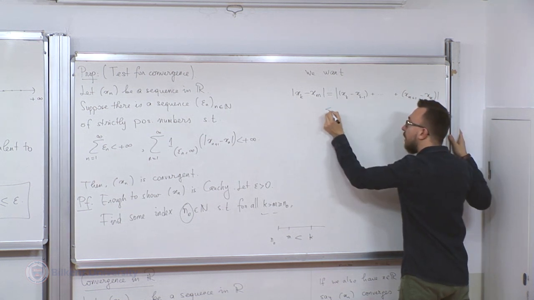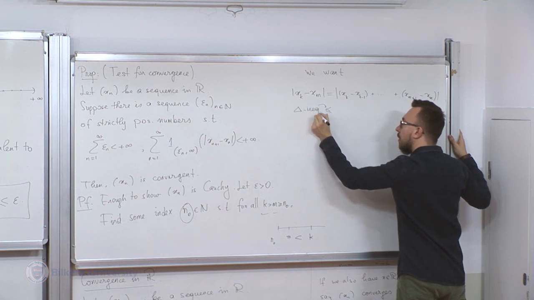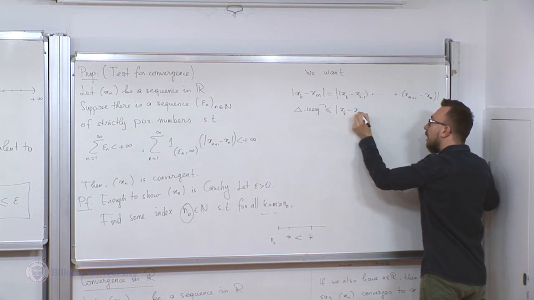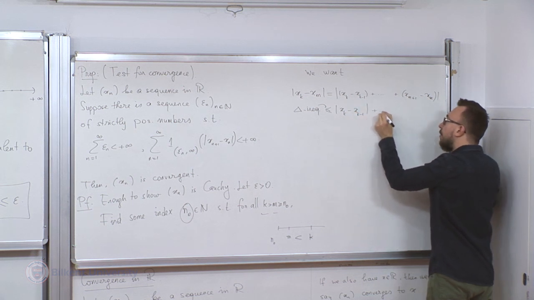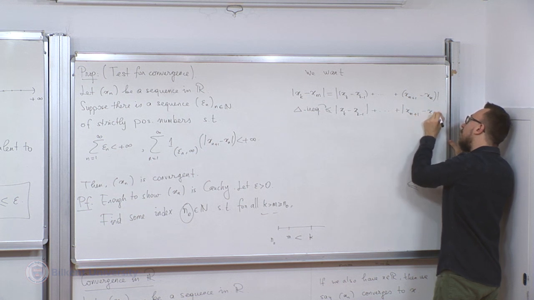And by triangle inequality, for absolute value, this is the sum of absolute values. Okay?